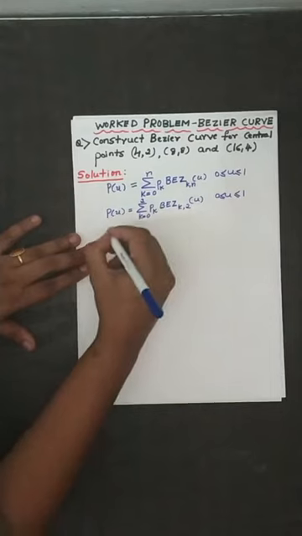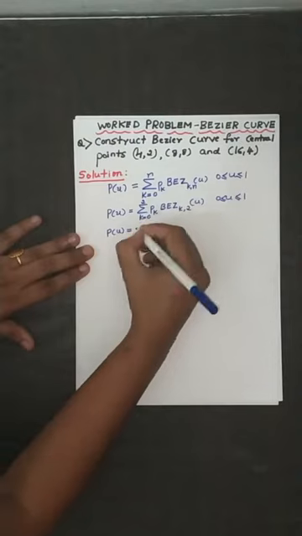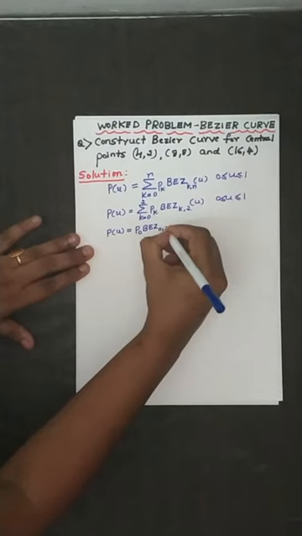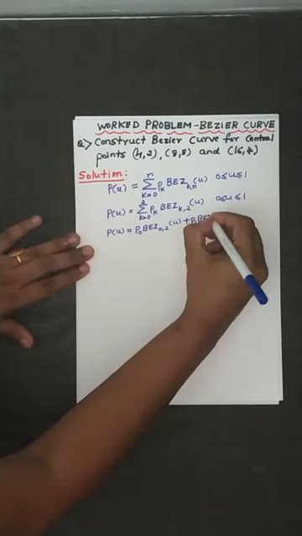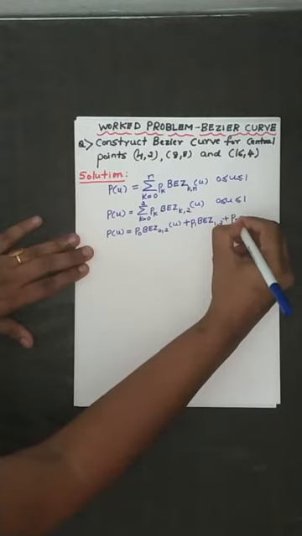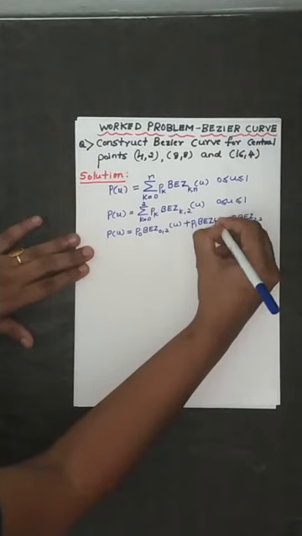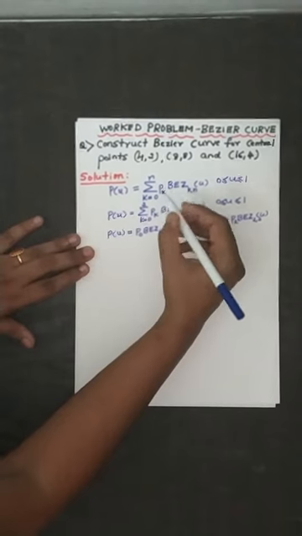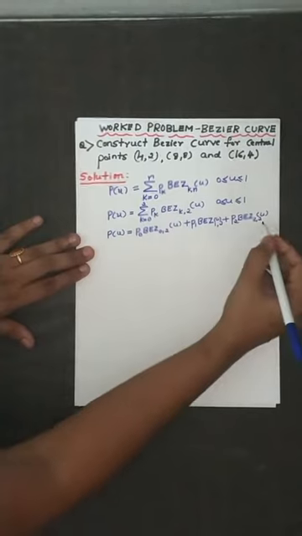So the first term is P of 0 Bezier 0, 2 of u plus P of 1 Bezier 1, 2 plus P of 2 Bezier 2, 2 of u. So n is 2 here because it starts with 0: 0, 1, 2. So 3 points are given.